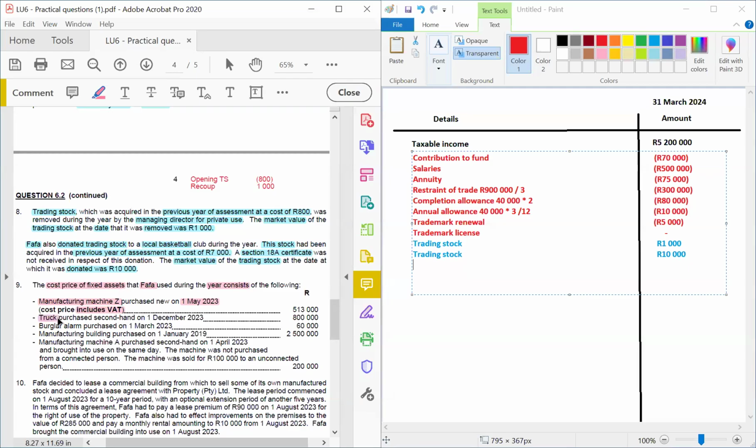So there was a truck purchased second hand on the 1st of December 2023, a burglar alarm purchased on the 1st of March 2023, manufacturing building purchased on the 1st of January 2019, manufacturing machine A purchased second hand on the 1st of April 2023 and brought into use on the same day. The machine was not from a connected person. The machine was sold for 100,000, right?